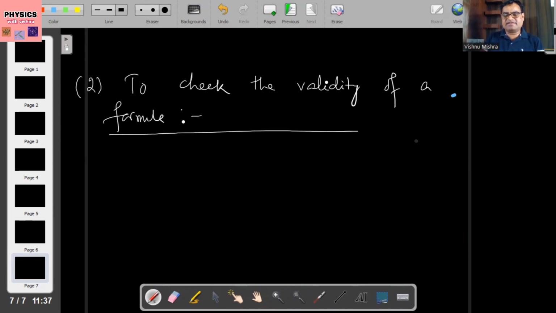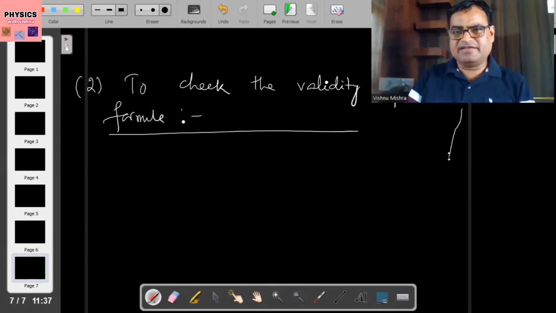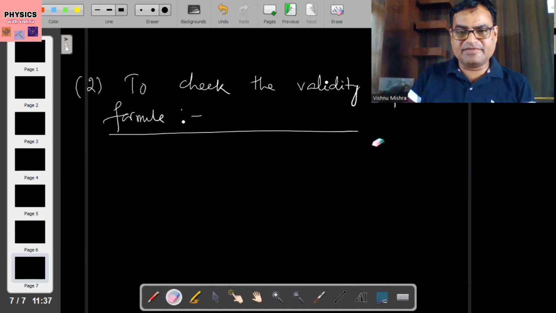Whether the formula is correct or not, we have to see the validity of a formula. How to check the validity of a formula? Let's see this.